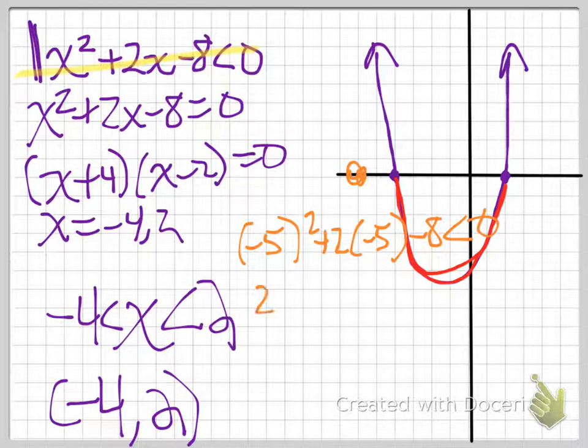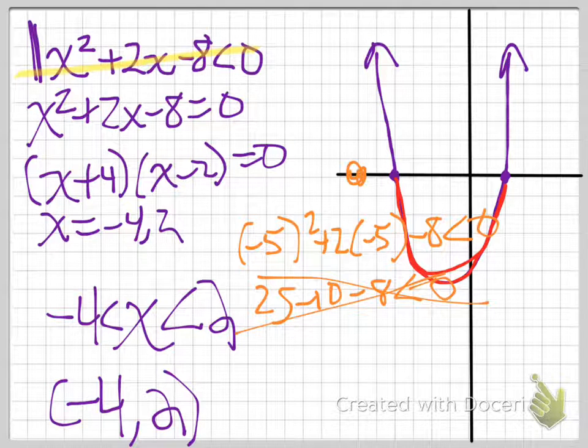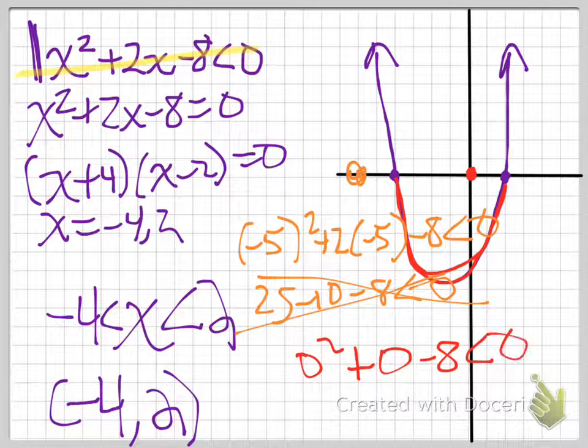That gives me 25 minus 10 minus 8. Is that less than 0? No, not true. Now I'm going to choose a section from the middle, the part that I think is correct. I'll pick 0 because that's always easy, right? So it gives me 0 squared plus 0 minus 8 less than 0. That's true. So right now the part that I've done in red is correct.